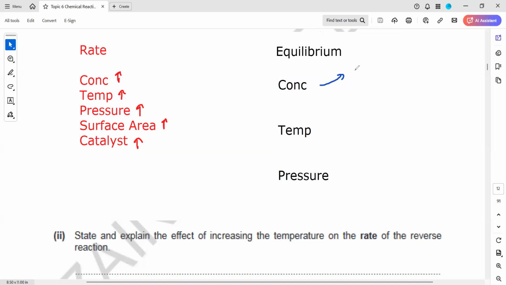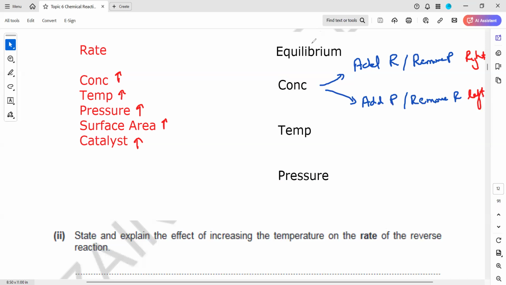For concentration, this is a rule: if we add reactant, R for short, or we remove product, the equilibrium will shift towards the right hand side. If we add product or we remove reactant, the equilibrium will shift towards the left hand side.